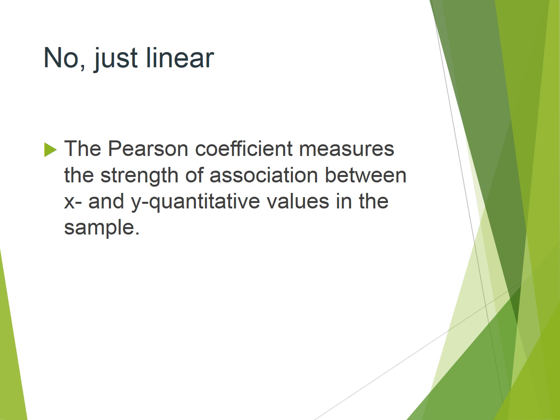So the Pearson coefficient may say that you have no linear association. That does not mean you have no association. There could be a very strong parabolic relationship, or a very strong exponential relationship. It's just not a linear relationship.